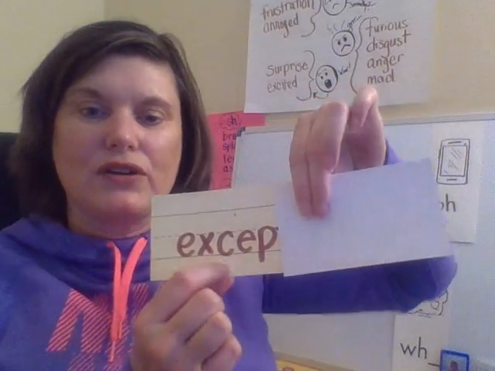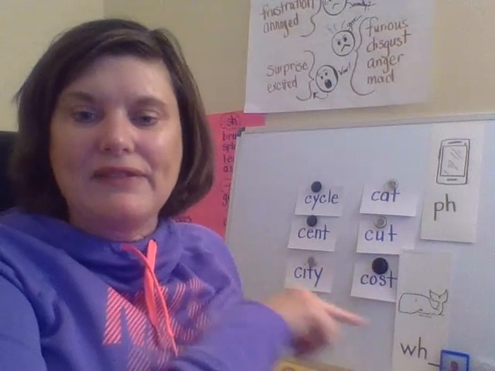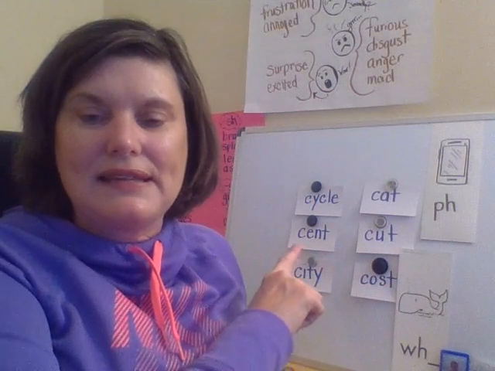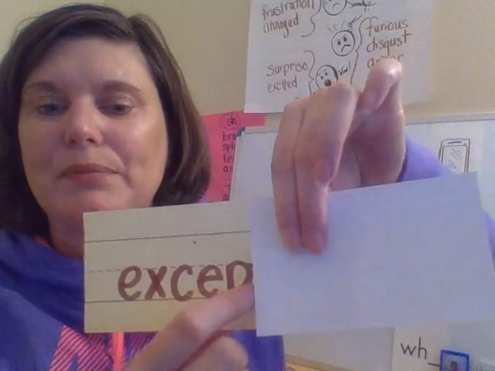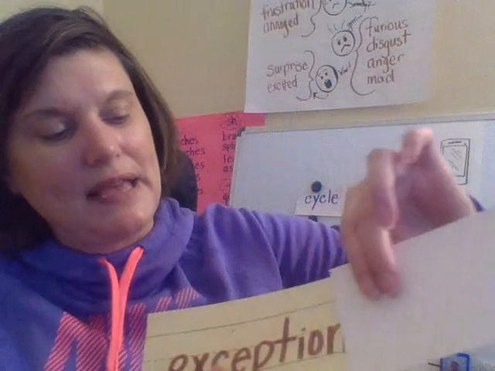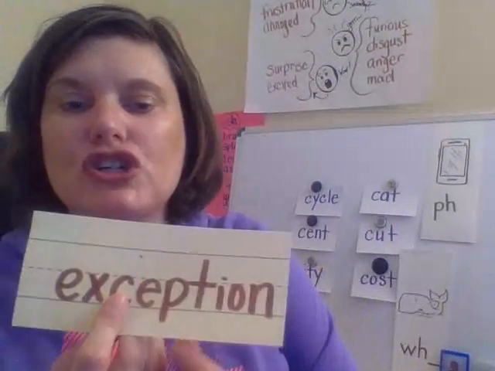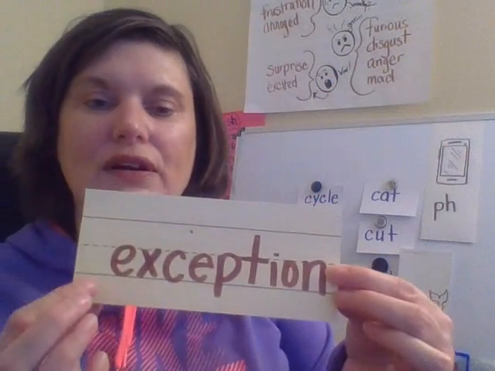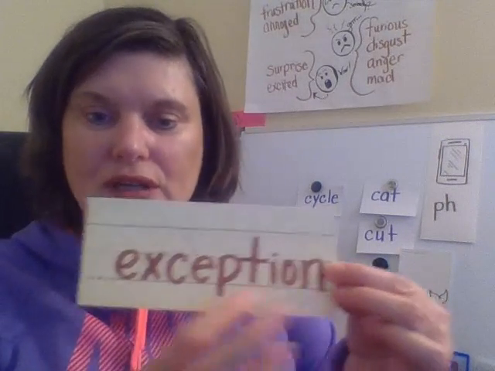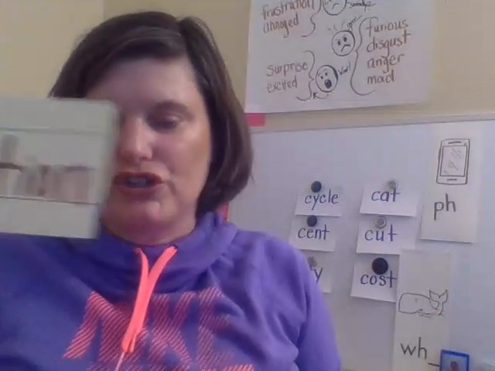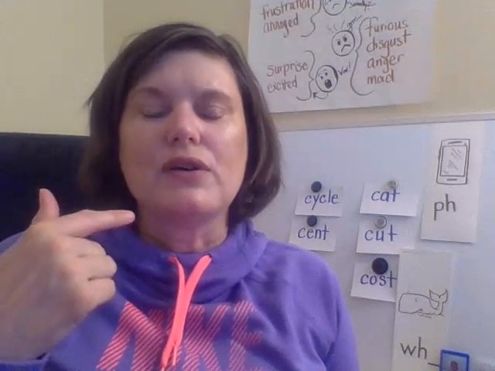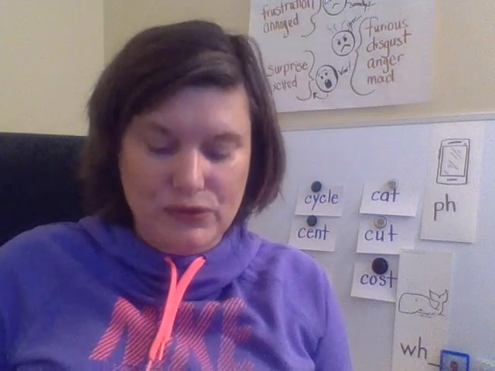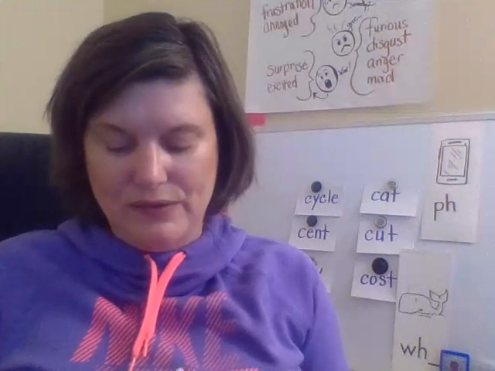We learned earlier that when you have an E after the C, it says S. So here we go, X, sep, sep. And then the last syllable is shun. So let's put it together. Exception, exception. Good job. Do you see how when you learn those syllables, you learn how to say them by sight? It can prevent you from having to sound out each of the individual sounds.